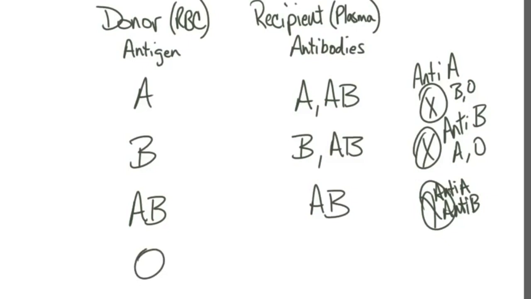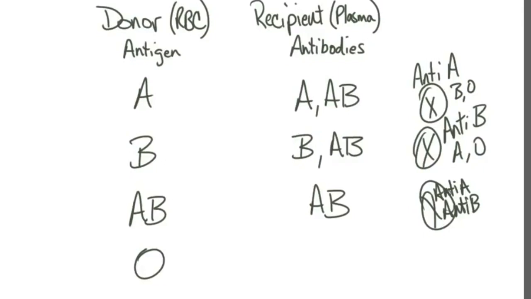Where's my type O people again? There we are. By the way, I'm one of these people. Type O has naked cells, correct? They're little empty cells. You can put those cells in any blood because there's nothing for those antibodies to stick to. So therefore, type O can give to any blood type.